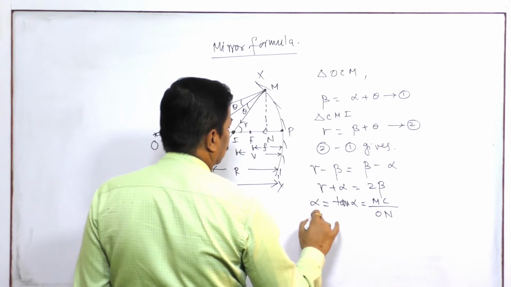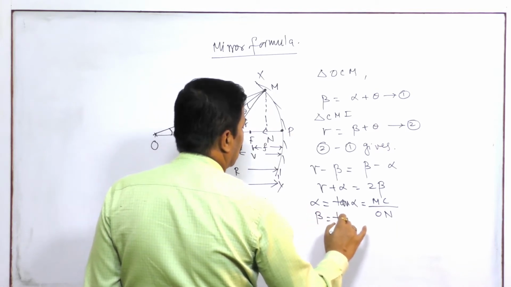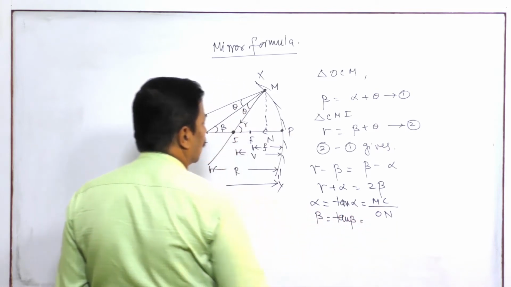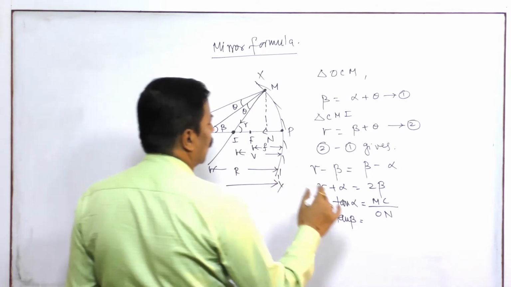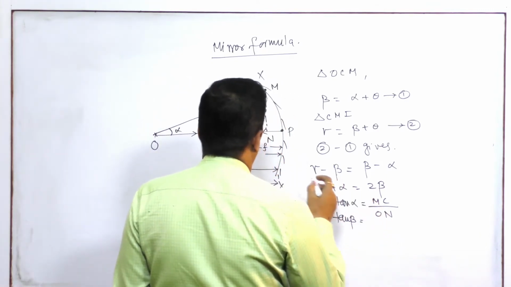Beta is tan beta, that is perpendicular MN by base CN.